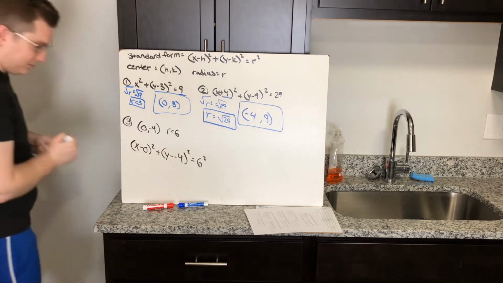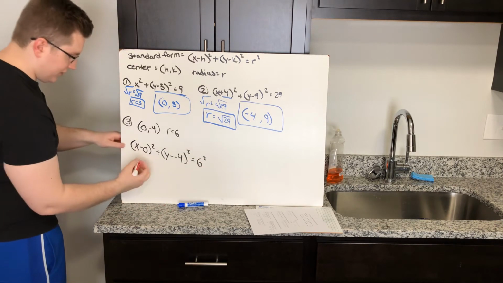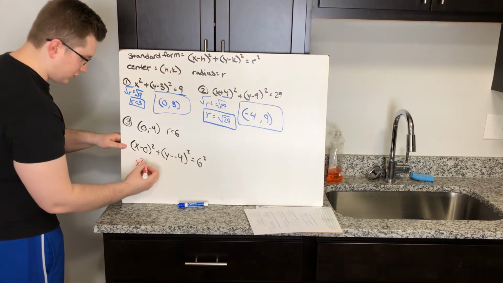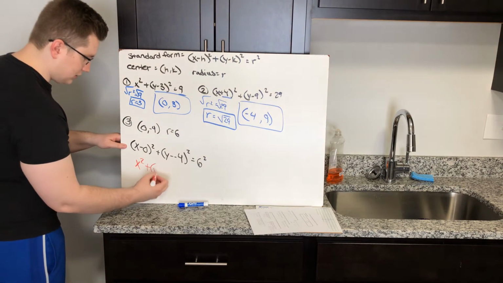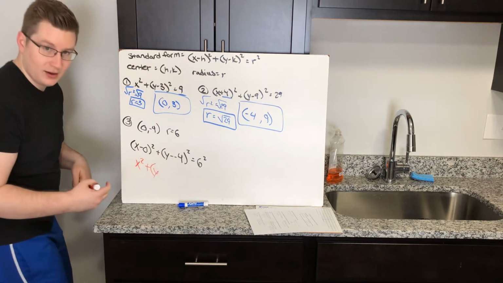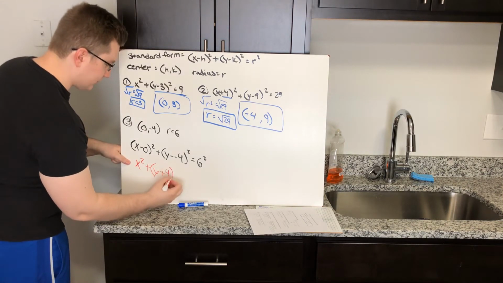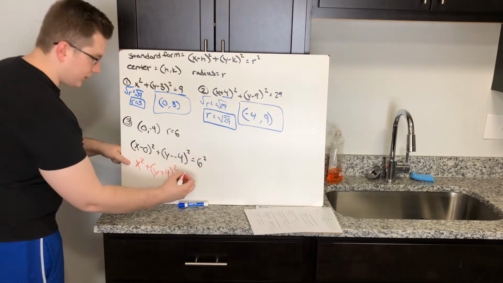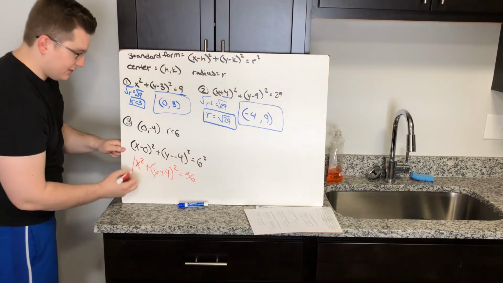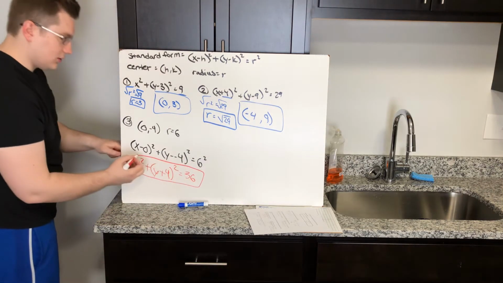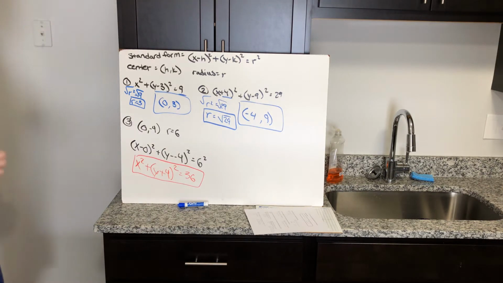If I simplify this a little bit, this is just x squared plus, two negatives make a positive, right? (y plus 4) squared is equal to 6 squared, which is 36. And this is the equation of my circle.